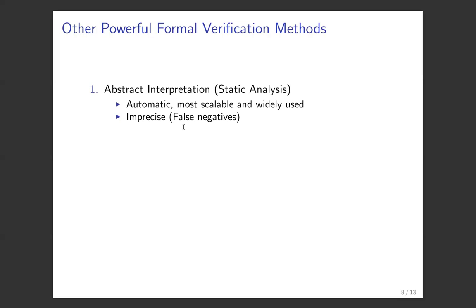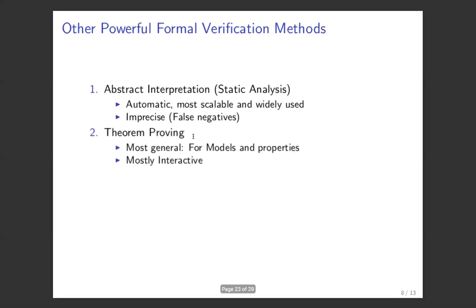If there is an error, it never says it is safe, but it errs on the safer side. So it compromises precision for scalability. These are very automatic, but they are imprecise.